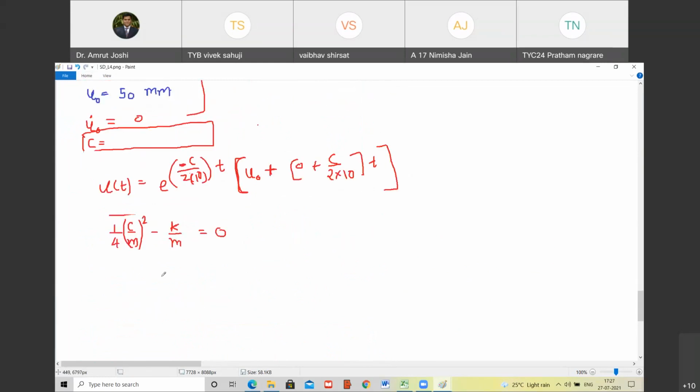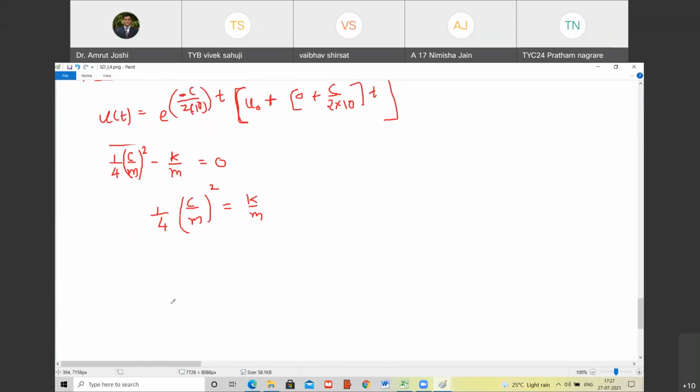If I solve this equation, what I get is 1 by 4 (C by M) whole square must be equal to K by M. Happy? So therefore 4K by M must be equal to C square upon M square. So what is the value of C square?